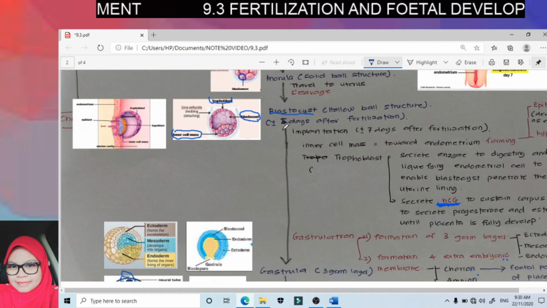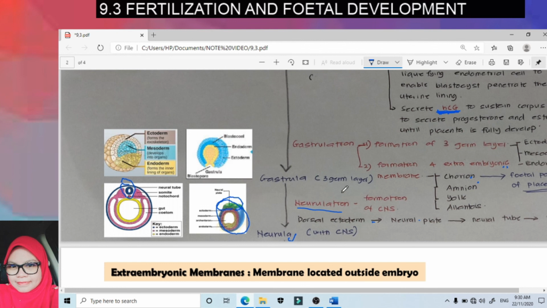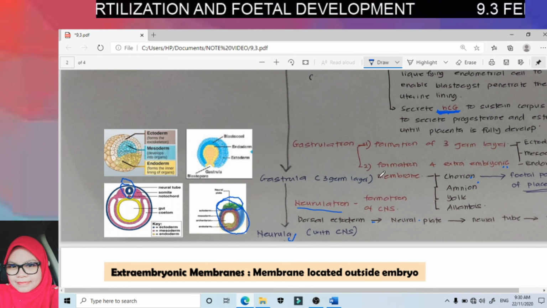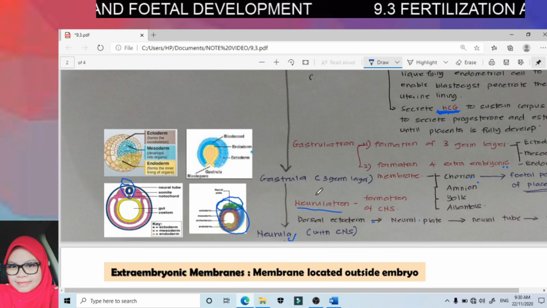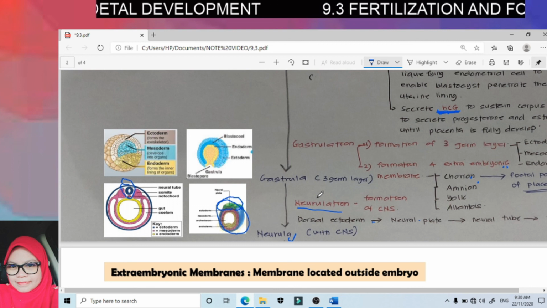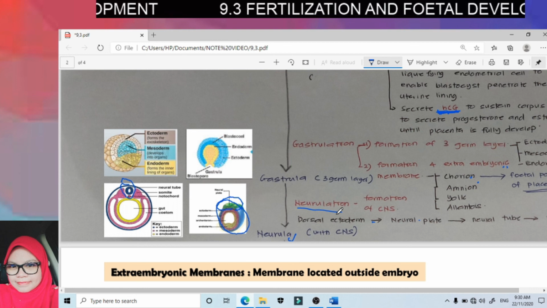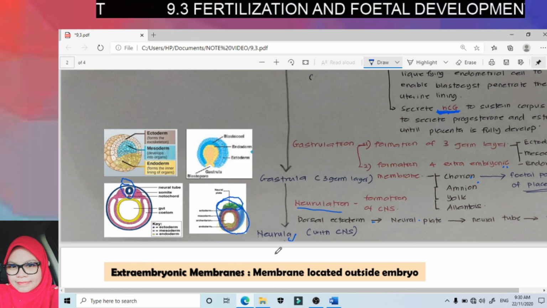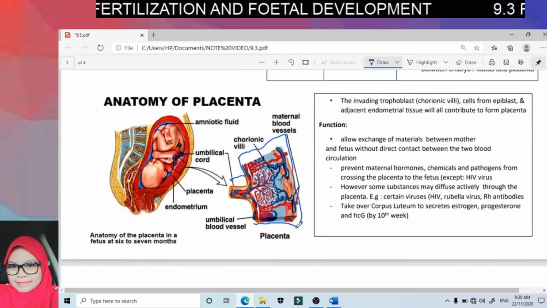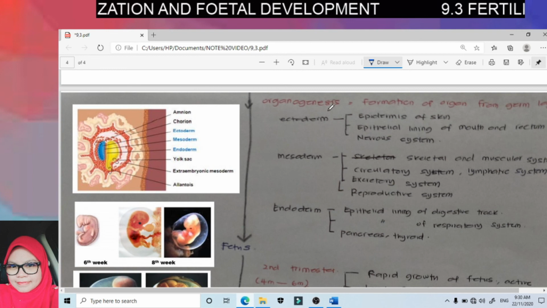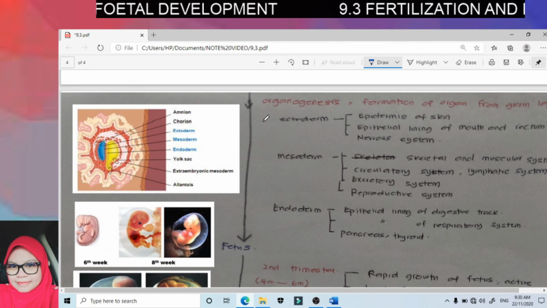And from the blastocyst, it forms a structure called gastrula. So this gastrula means it already has the 3 germ layers. And then the gastrula undergoes neurulation, the process of formation of the nervous system. So the nervous system develops from the ectoderm layer. Then it becomes a neurula, meaning the embryo with the nervous system. Then the neurula may undergo organogenesis, the process of producing organs and organ systems.